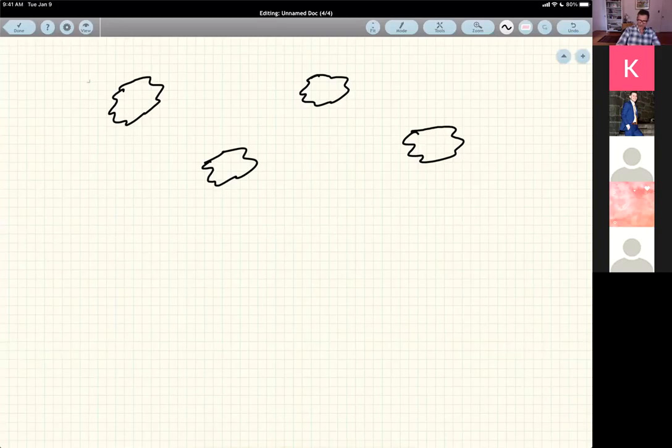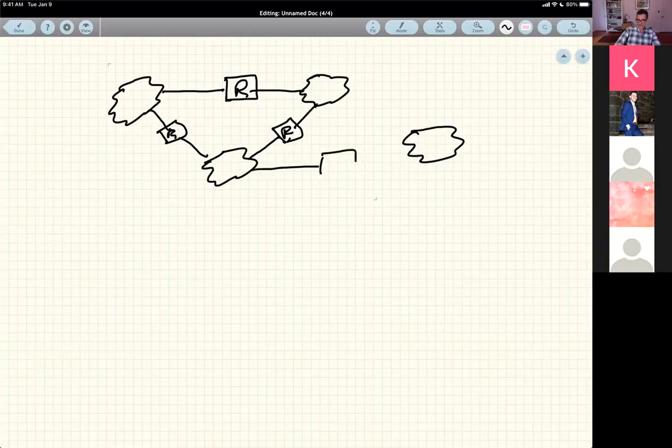And these networks are connected to each other, and there are routers that connect these networks to each other. Okay, so this is network 1, network 2, network 3, and network 4.